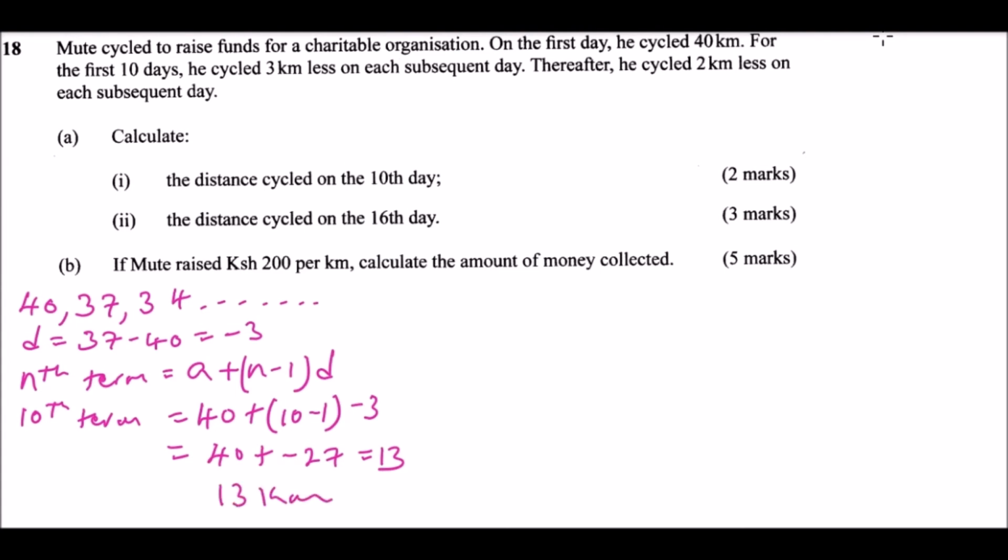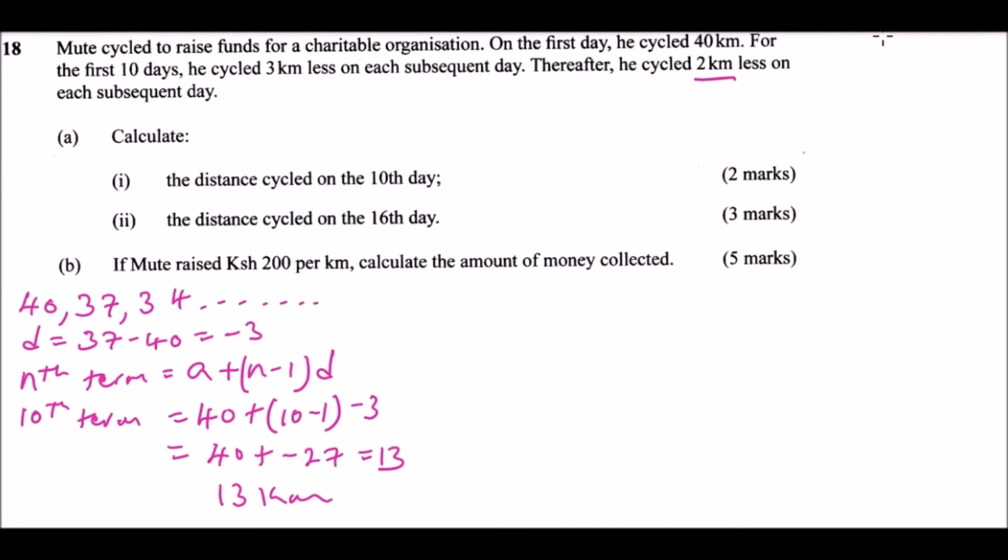Part B, the distance cycled on the 16th day. You note the following: after the 10th day, he was reducing by 2 kilometers.